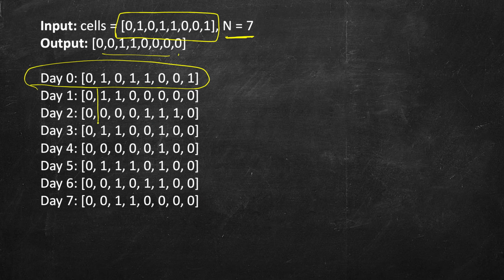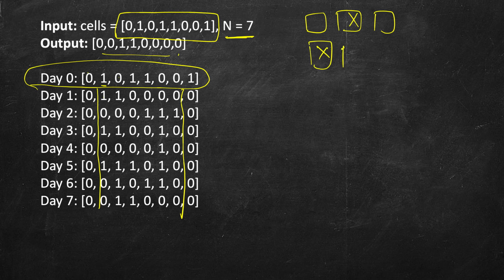So first and last become unoccupied. Let's focus just on the range from 1 to 6. For this cell, you see that both its neighbors are 0, so it will be occupied. So this is a valid state and this is a valid state. Everything else is invalid. If any one of these is occupied, then this will become unoccupied.